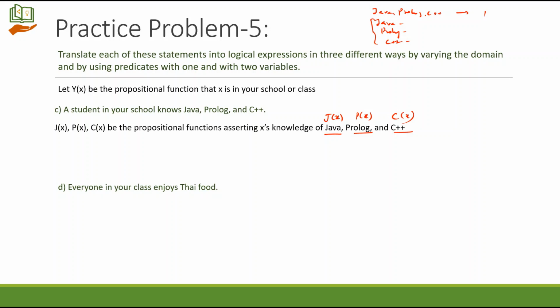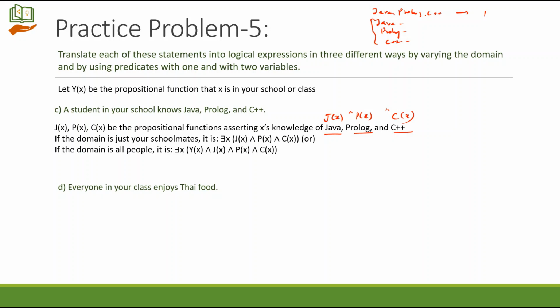Now we have to say there is a student in your school who knows all these three languages. So we have to combine using conjunction to say the student is efficient in all the three languages. So if the domain is just your schoolmates, we will use existential quantifier to denote a student. Then we are going to combine Java, Prolog and C++ languages under conjunction operation. This is the first way.